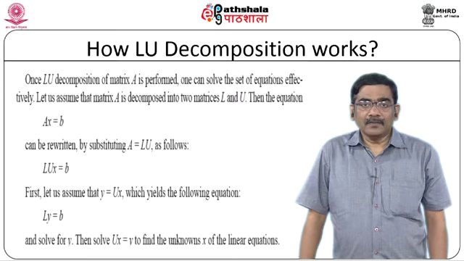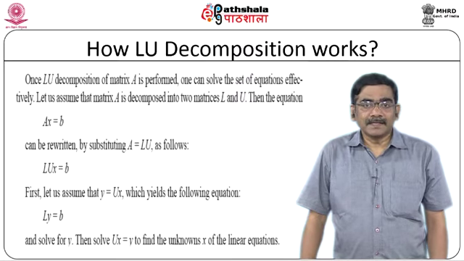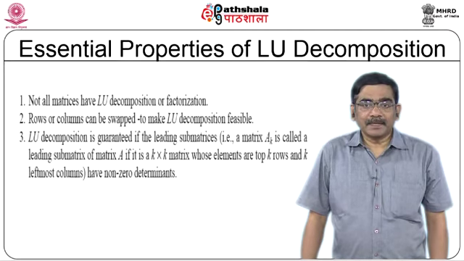You can see how beautifully the concept of transform and conquer works in this particular case, where we transform one problem to another problem that is amenable for solutions, then we solve that, and the solution of that represents the solution of the original problem. These are the essential properties of LU decomposition.